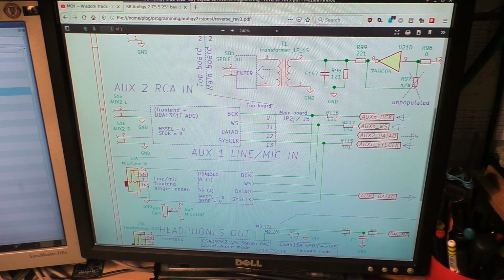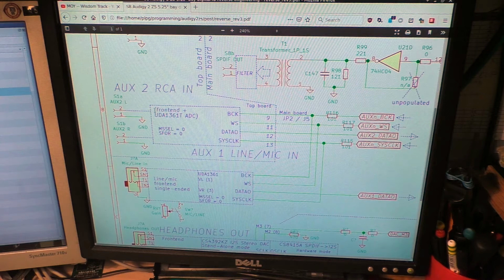As you can see, the I2S bus is shared between these two ADCs because the auxiliary input 2 on the top board is also the same IC.